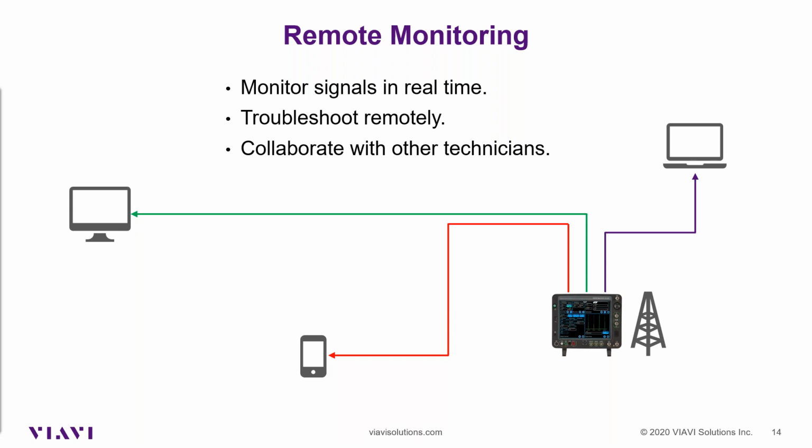Situations like that where it's not a constant, not a hard fault. Remote monitoring gives us the ability to monitor that situation in real time from the shop without having to make that drive or hitch a helicopter ride out there, or whatever the case may be.